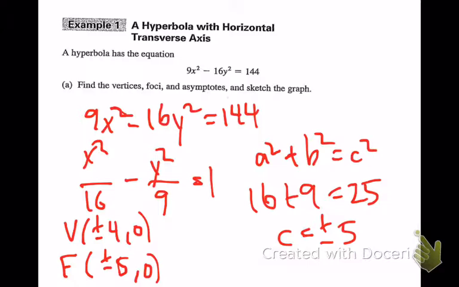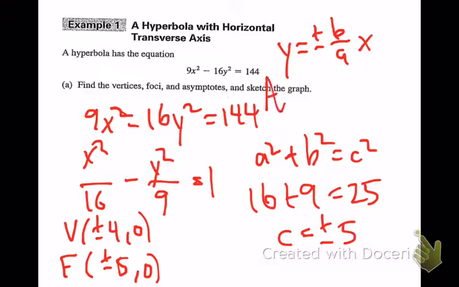And then it's a horizontal hyperbola, I know that because the x axis is the major axis, the vertices are on the x axis, so I'm going to use the equation. You just have to remember that it's y equals positive and negative b over a times x.